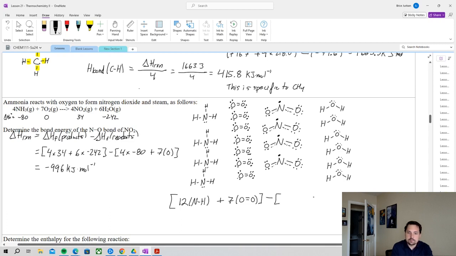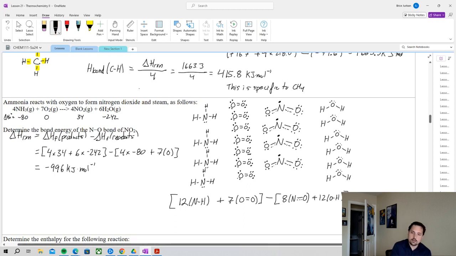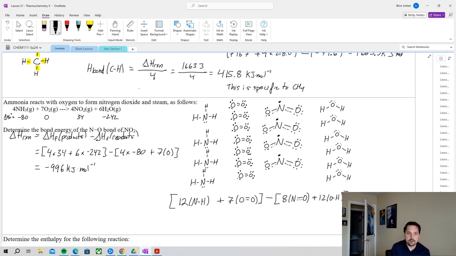And then on the right side, we'll have 8 of these NO bonds, which I'm going to draw like this, where I have this kind of dash. That shows that it's a 1.5 order bond. So there's 8 of those that need to be formed. And as well, there's going to be 6 times 2 or 12 OH bonds. Okay, so that is quite a bit of bonds that are formed and broken here.